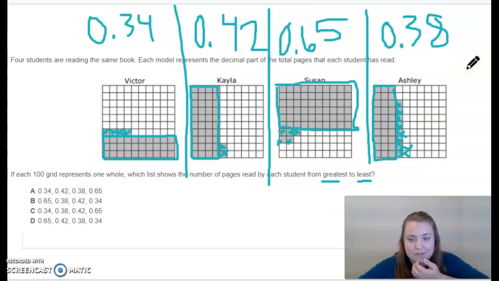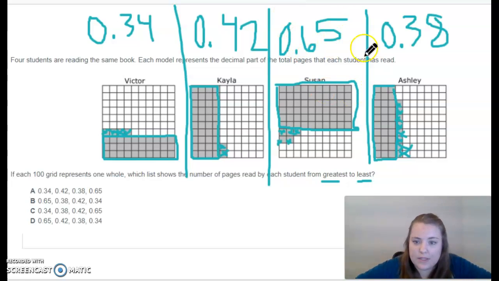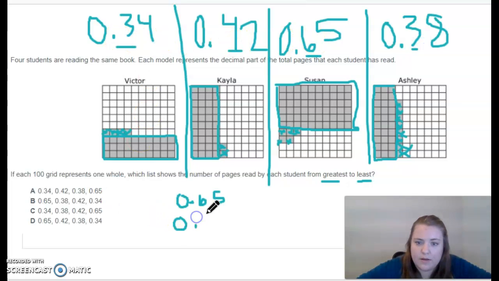Okay, so if we're going to put these in order from greatest to least, we would see that Susan has the greatest. We can also stack them on top of each other. So 0 and 65 hundredths. Then I think Kayla has the next largest. I'm looking in that tenths place. So 0 and 42 hundredths.